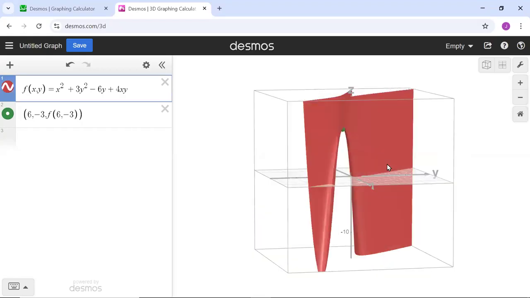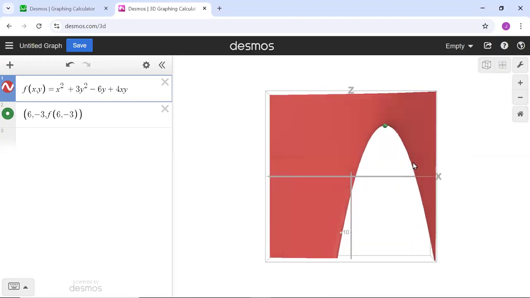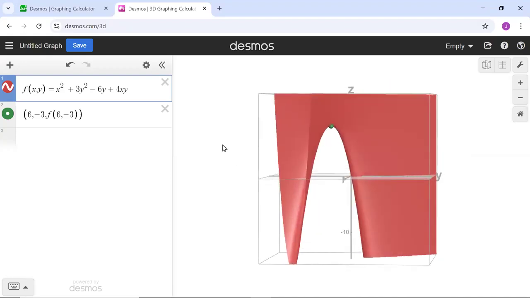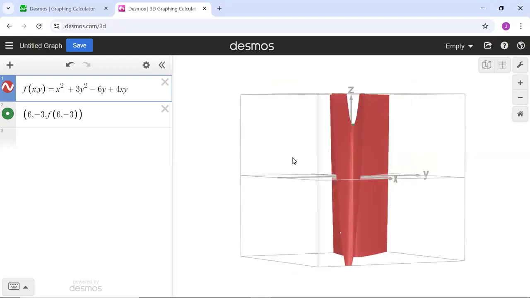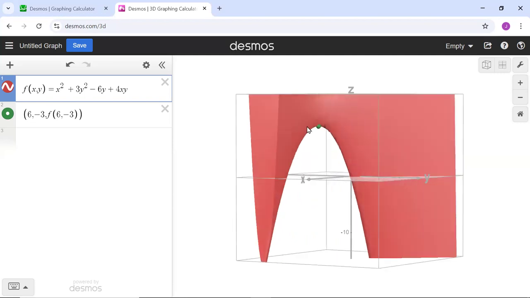If you're looking at it straight on in the x direction, it's looking one way. If you're looking at it straight on in the y direction, it's looking similar, but as you look at it along this plane, it looks very different.